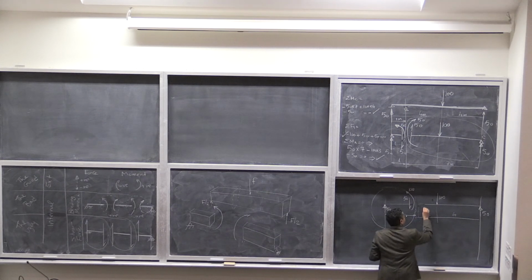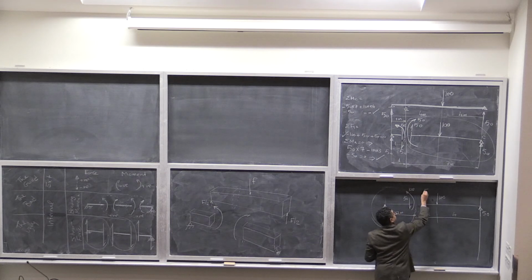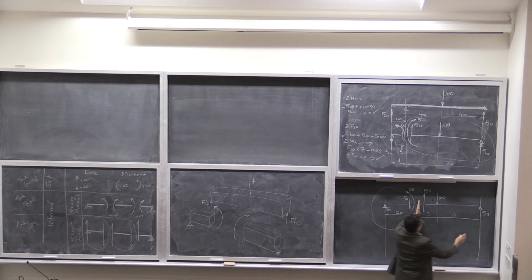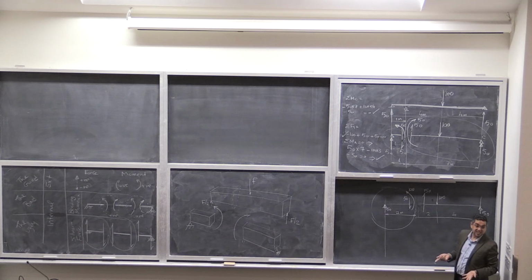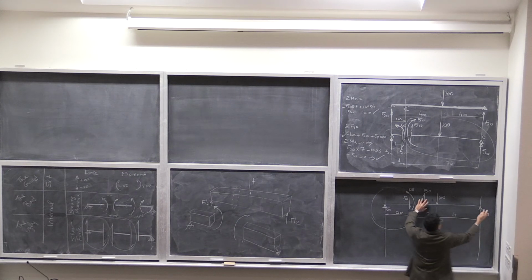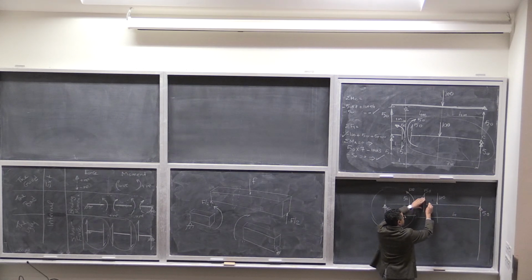So there must be a 50 going up, which is checked. This beam here, if I look at it from the left, it's 50 up. So what would happen when I look from the right? Should I use this or this? It really doesn't matter, because if I calculate from the right and coming all the way to this part, what is the net force to the right of here?